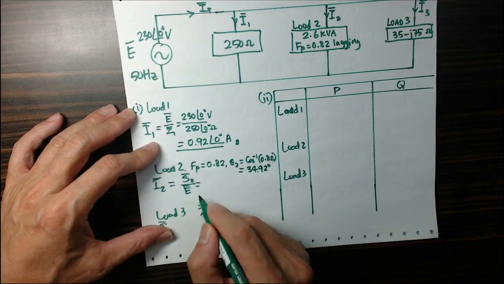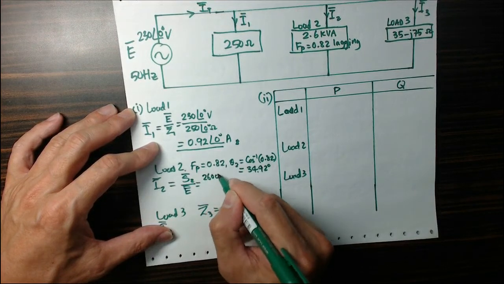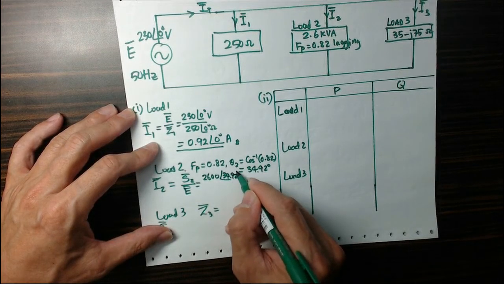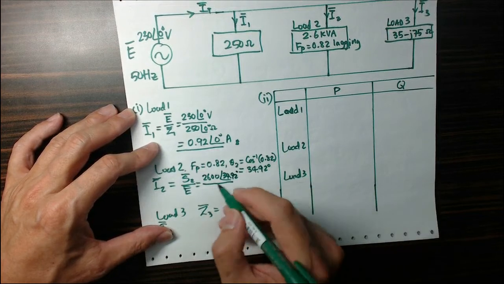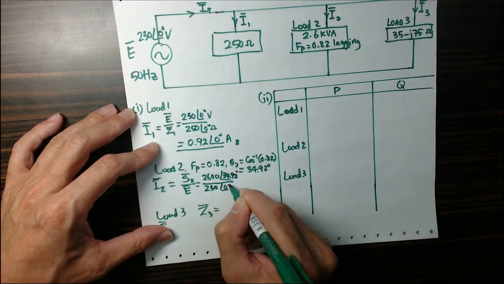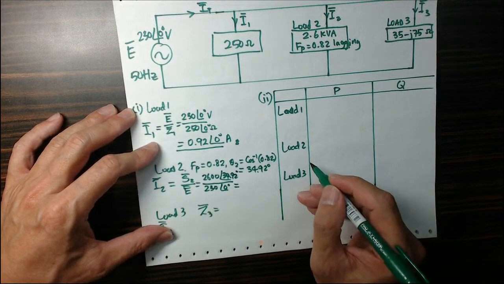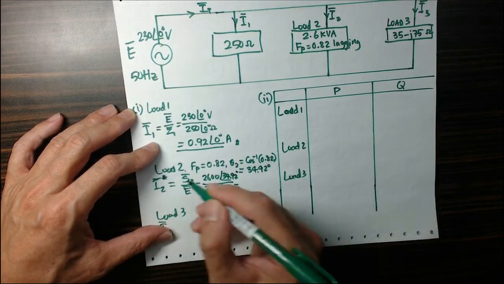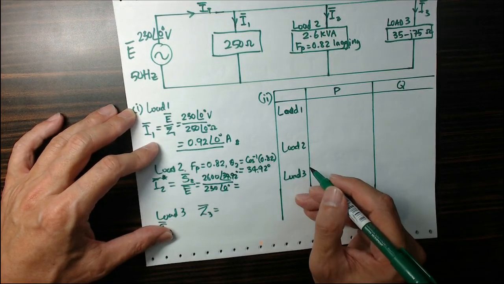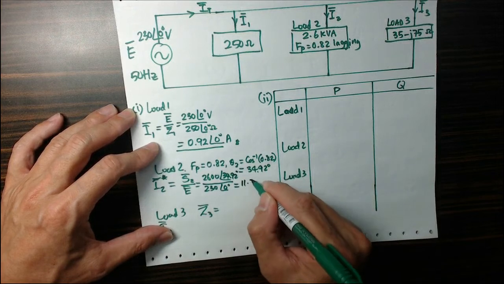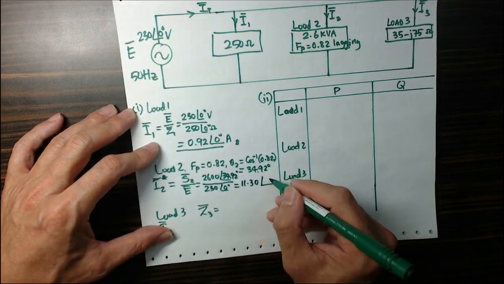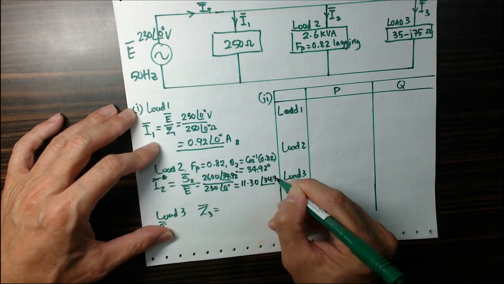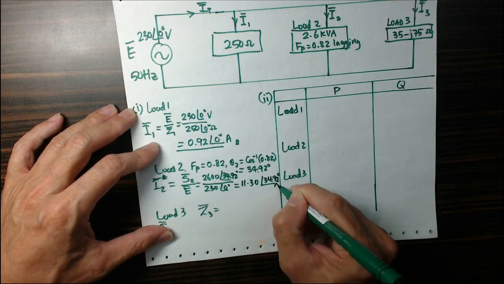Oh, E, sorry. So that means I have 2600 angle 34.92 divided by 230 volt angle 0 degrees. That means the current is, rather, the conjugate current. The conjugate current will be 11.30 angle 34.92 degree amps.